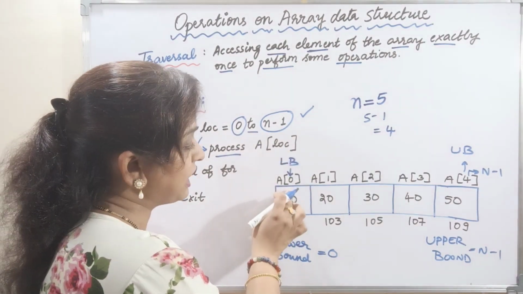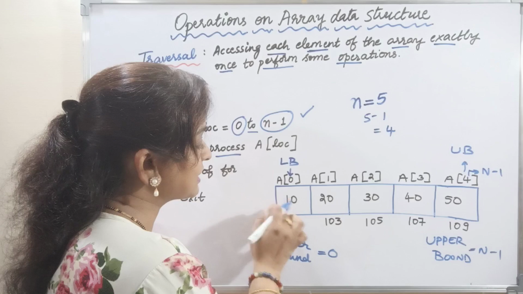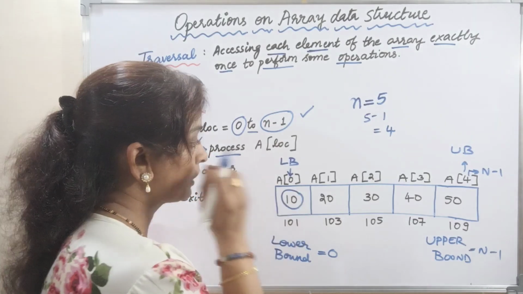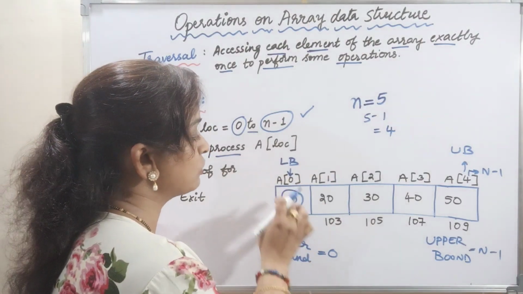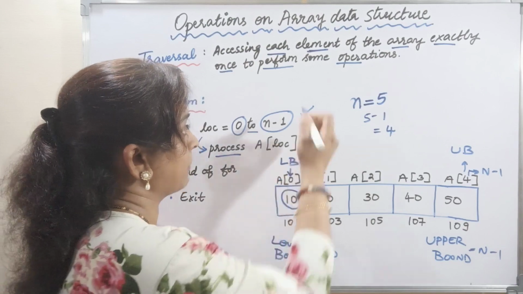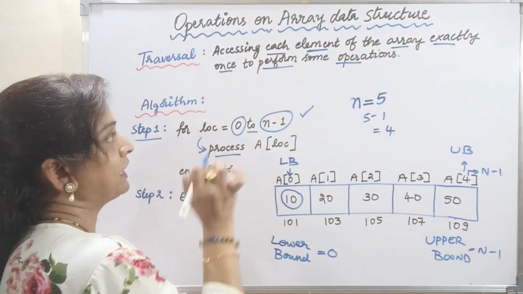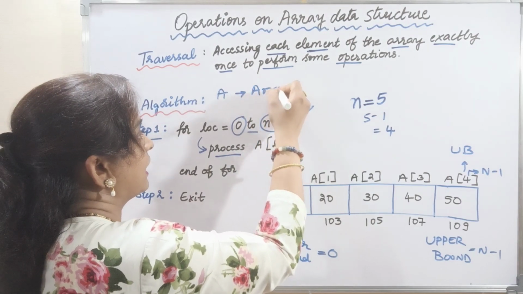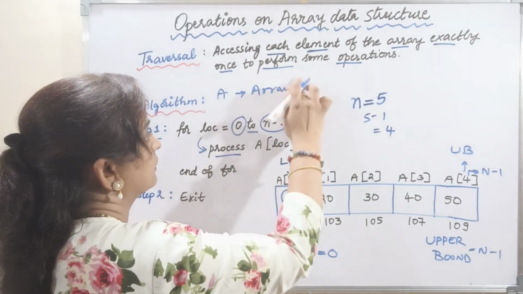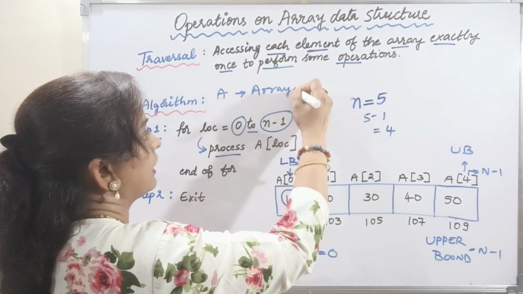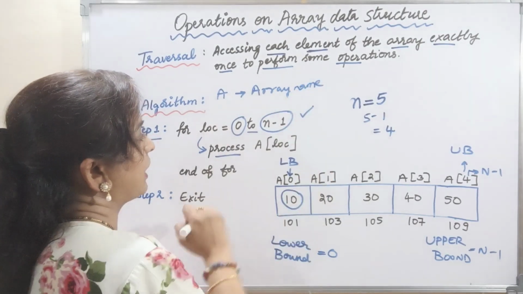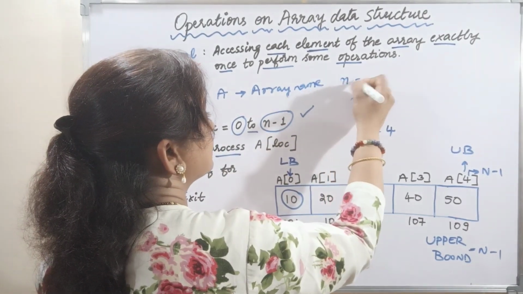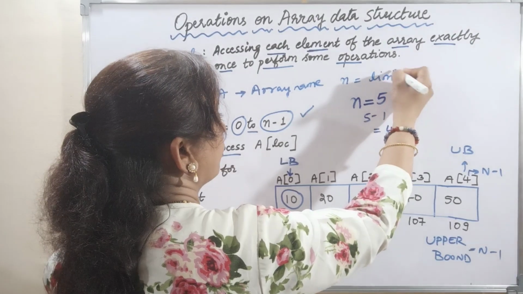For example, I start from the index value 0. When I start from index value 0, I need to access this element A of 0. I think you all know these index values. A is the array name. So in the algorithm, we need to write the assumption: A is the array name and n is the limit of the array.